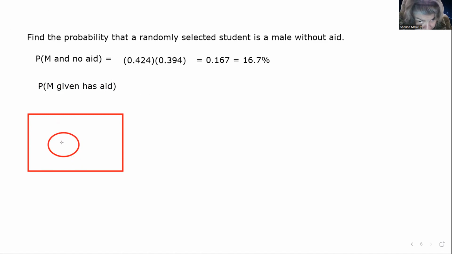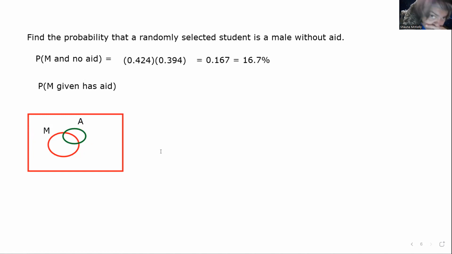In this case, we have an overlap in there, and I'm going to put it like that much. Now, the reds are the males, and the green are the has aid. So this is A, for example, the aid circle.